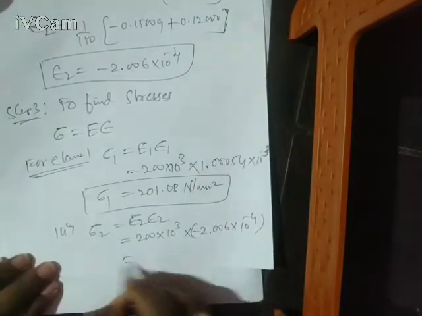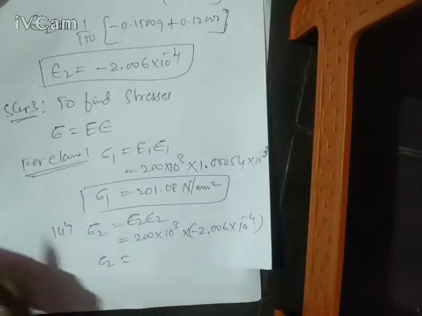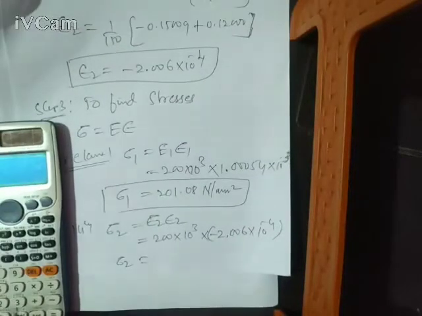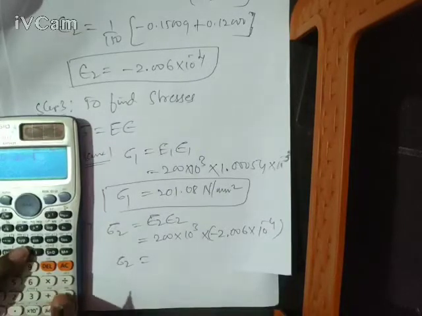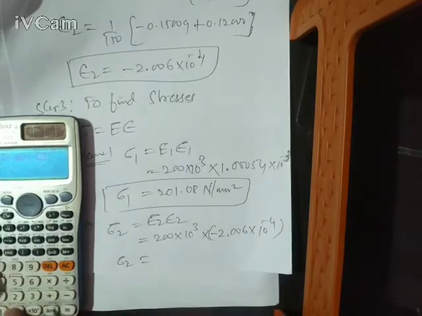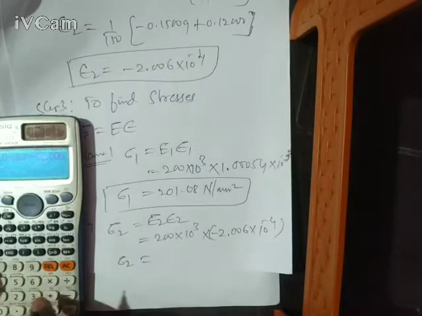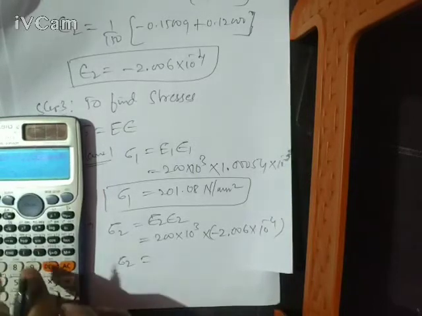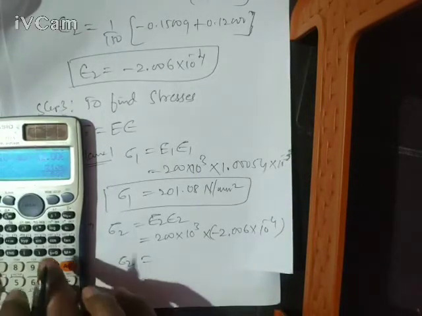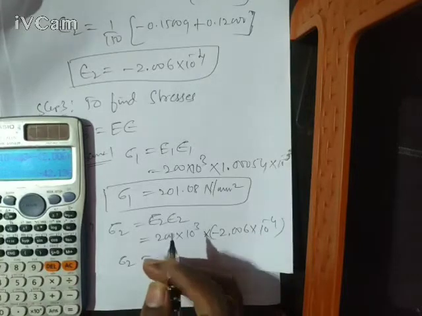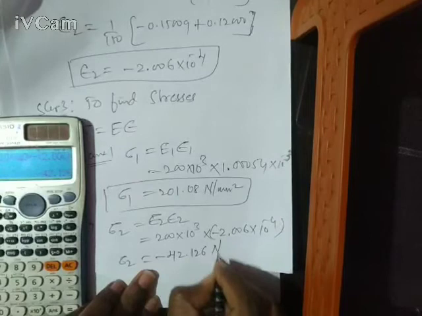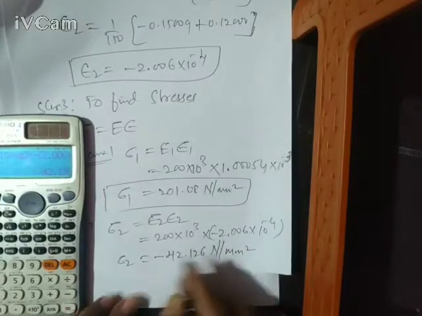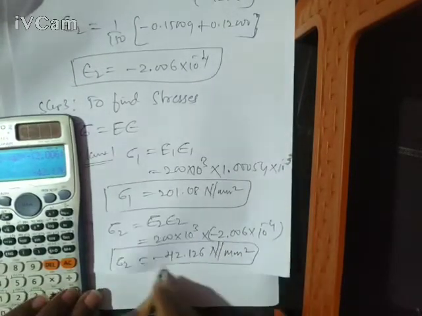So if I multiply this, 200 into 10 to the power 3 into minus of 2.006 into 10 to the power minus 4, how much am I getting? I am getting minus 42.126 Newton per mm square as my sigma 2 value.